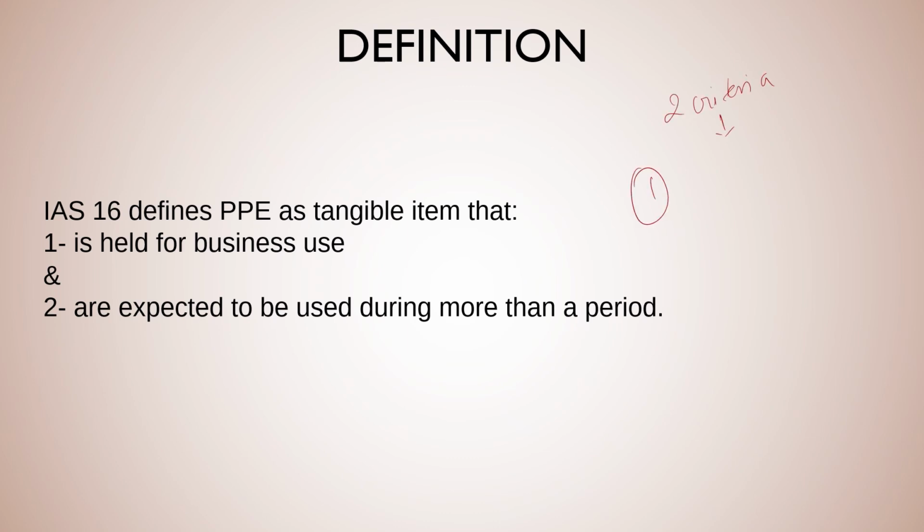First, it is held for business purpose, and second, it should be used for more than 1 year. If the two criteria are met, then it comes under IAS 16 as a tangible item.